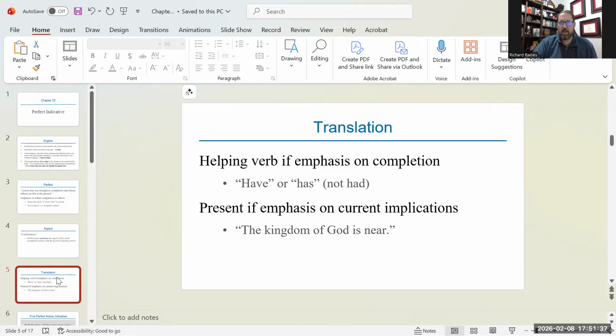And he says here, the kingdom of God is near. Both of those are examples of using the rules that we have in English to best capture what the New Testament writers are saying in Greek.